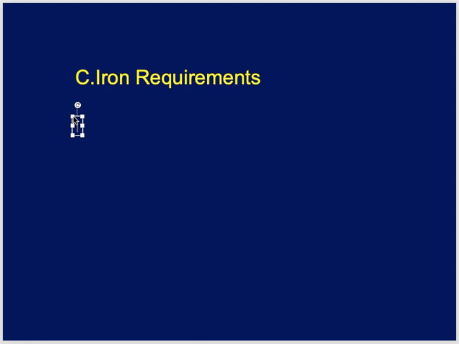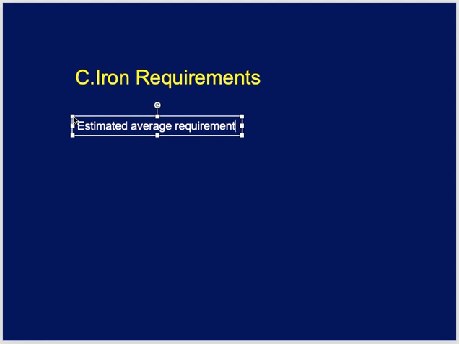Basically, in developed countries, it is calculated as EAR, or estimated average requirement of different things. Okay, so the estimated average requirement for iron is higher for women than for males.